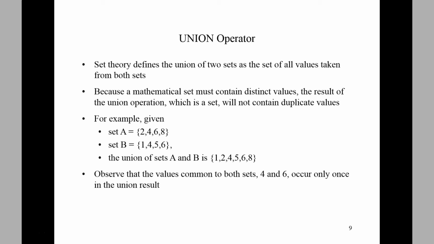Suppose we have set A that consists of the even integers 2, 4, 6, 8, and set B consisting of 1, 4, 5, and 6. The union of these two sets will be 1, 2, 4, 5, 6, and 8. Although 4 and 6 are members of both sets, 4 and 6 will each appear only once in the resulting union.